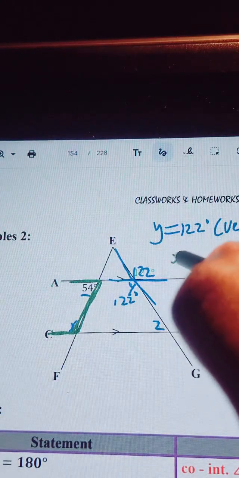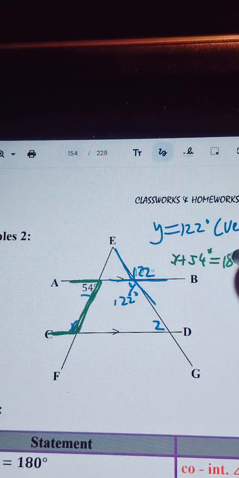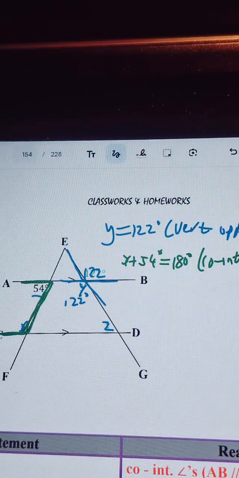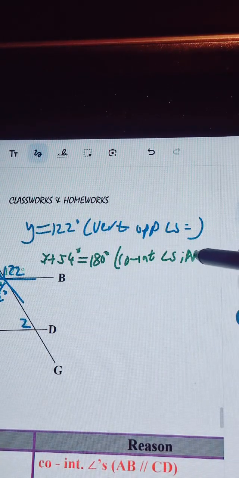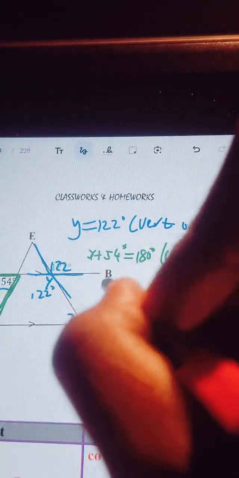We can say x plus 54 degrees, those are co-interior angles, equal to 180 degrees. Let's not forget to state the lines that are parallel: AB parallel to CD. Put that in brackets. Then we solve for x.